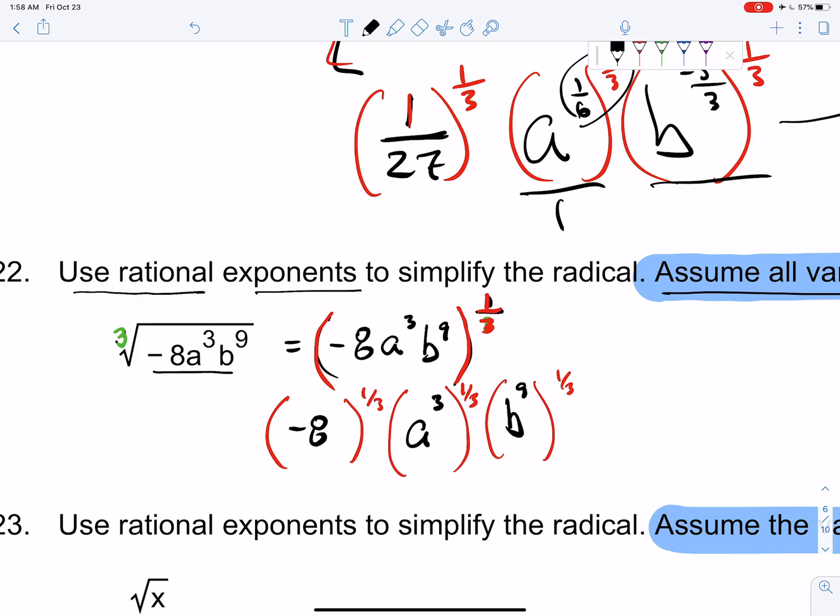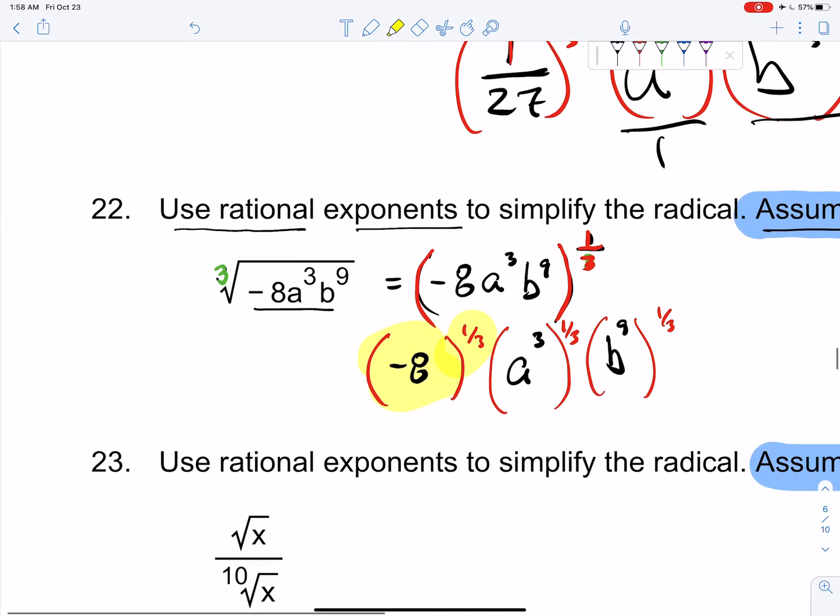Let's just take this guy over here for a second. And remember that a negative 8 can be written as negative 2 to the third. Negative 8 is the same as negative 2 to the third.